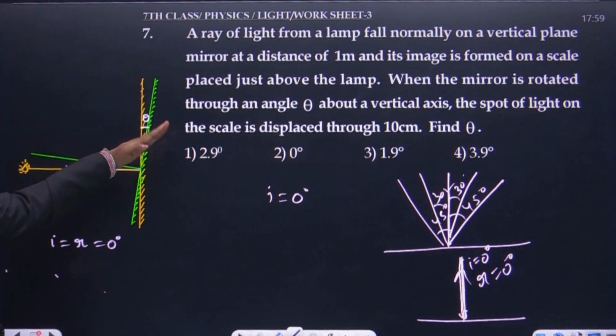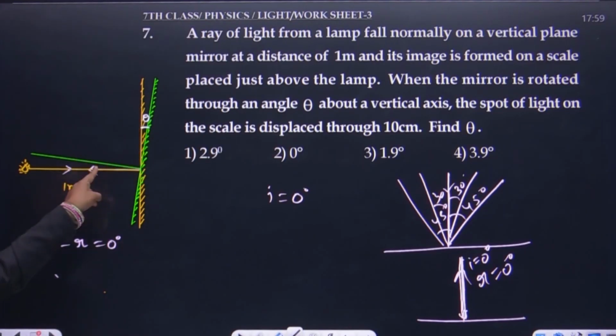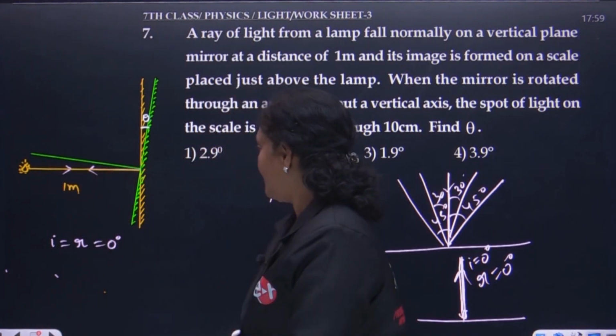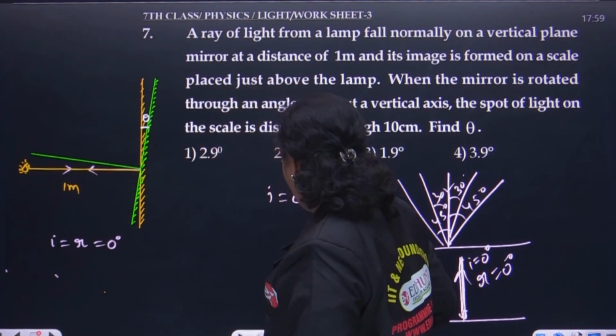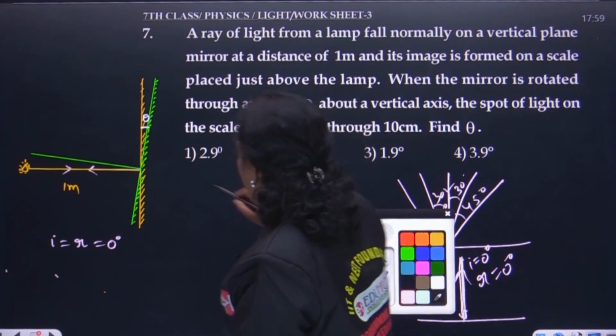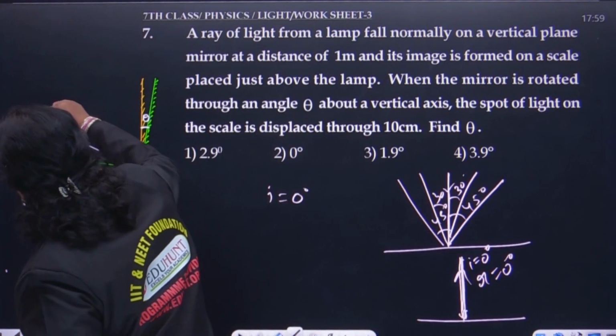So, as the mirror is shifted by an angle theta, of course, the normal also shifts by an angle theta. Whenever the normal shifts by an angle theta, the initial incident ray remaining the same, the reflected ray now passes in this particular direction.